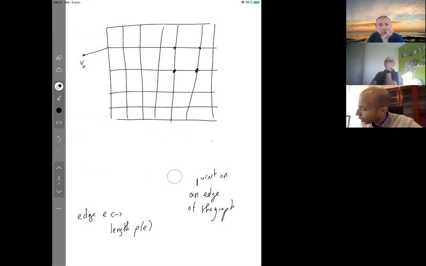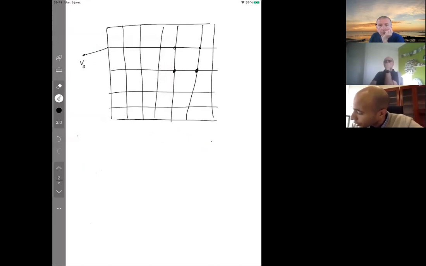So I'm looking at the Brownian motion killed at V0.